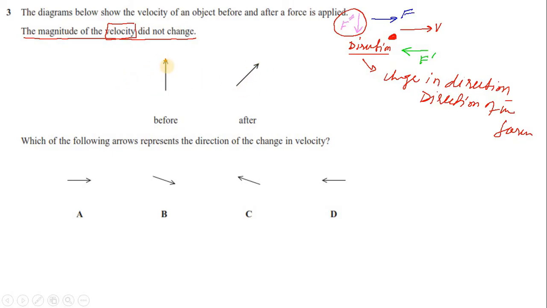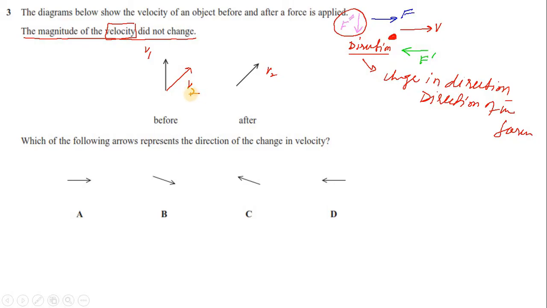So this is your initial velocity v1 and this is your final velocity v2 after force has been applied. So if you join these two tail to tail, then you realize that v2 should be something like this.